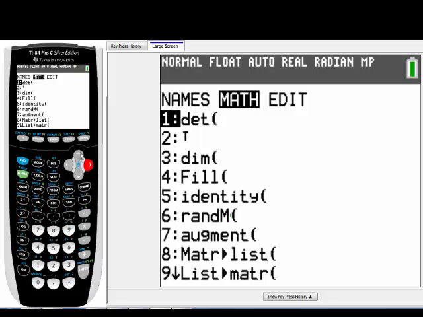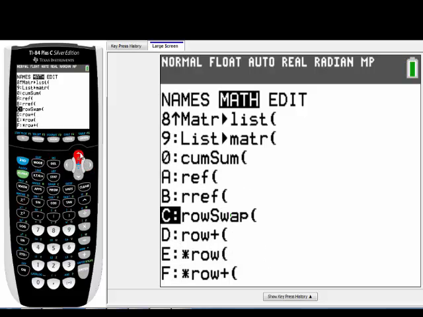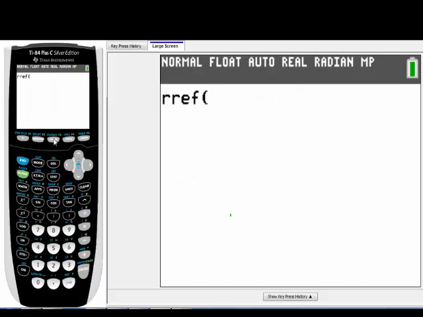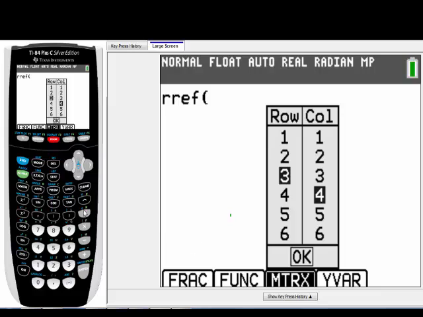remember there's a couple different ways you can do it. If you go to math, and then up a few, there's the row reduced echelon. And then you can either save the matrix or use alpha zoom to put it in on the fly here.